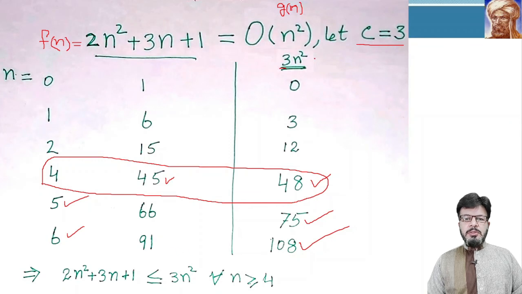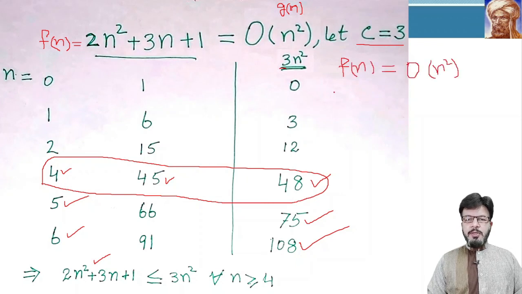Therefore, the growth rate of 3n square is greater than or equal to the growth rate of f of n. By this, you can write that f of n is less than or equal to 3n square for all n greater than or equal to 4, as shown here. As we know that this is the condition of big O, we can write that f of n is equal to big O of n square.